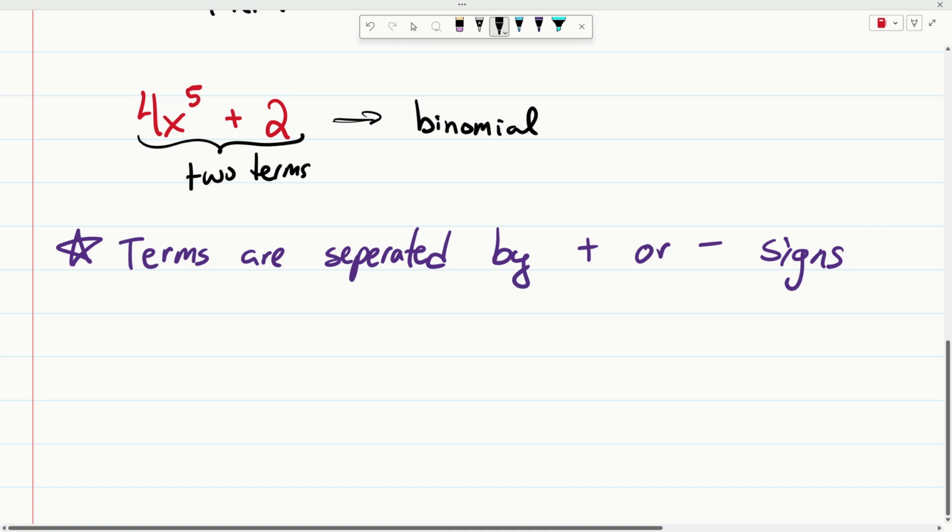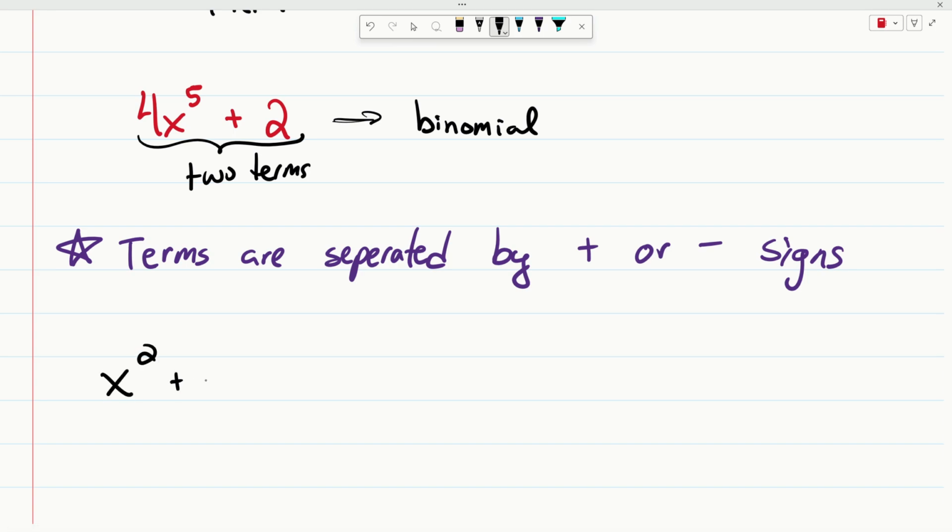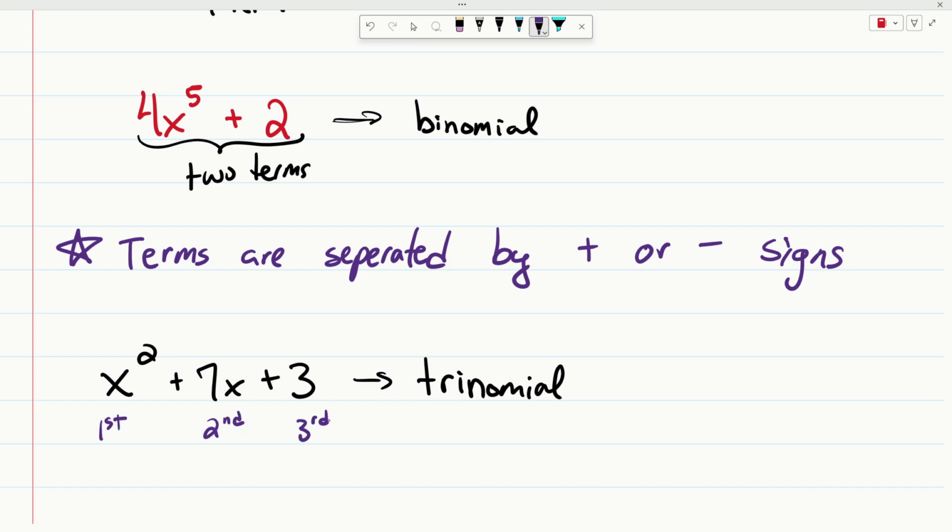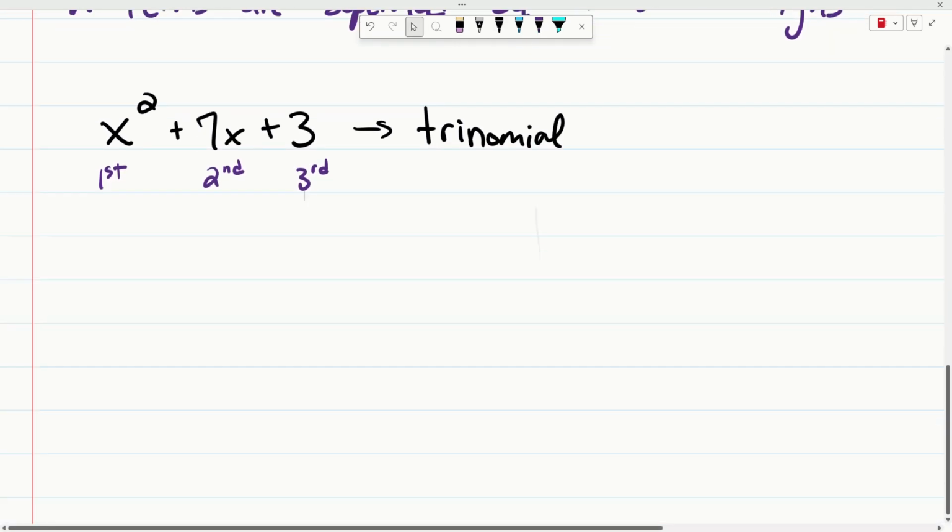So this third example, x to the 2nd plus 7x plus 3. Well, that is a trinomial because we have 3 terms. And underneath, I'm going to label the terms. Here's our first term, second term, third term. And notice that they are separated by 2 plus signs. All right? So that is one way that we can identify polynomials based off the number of terms they have.